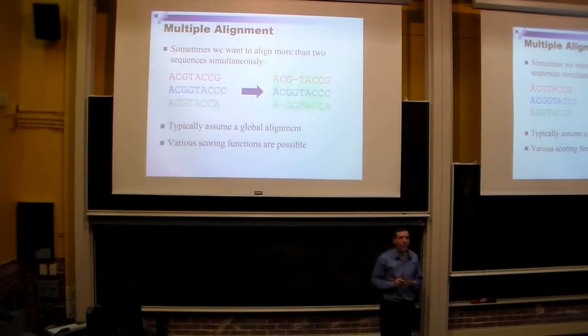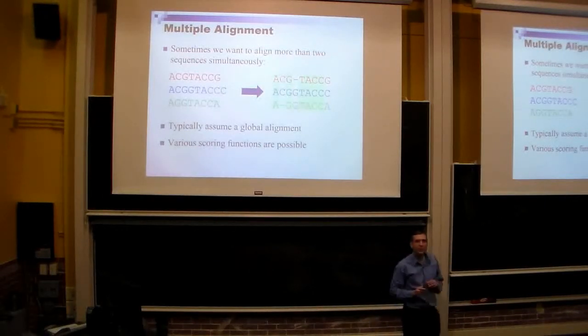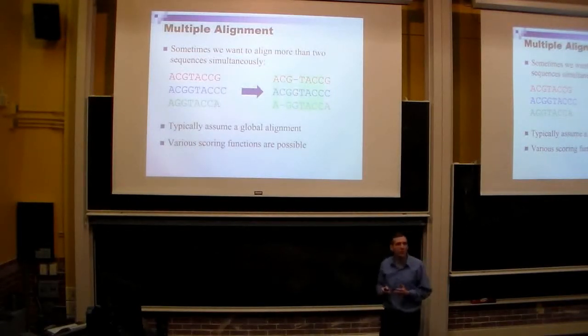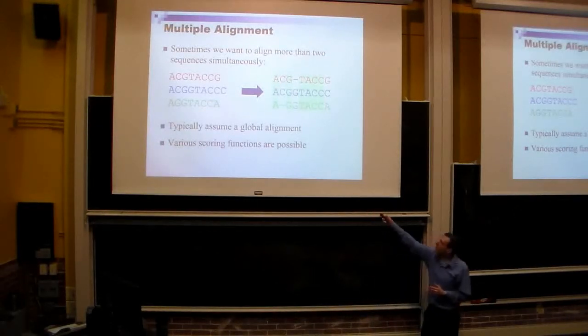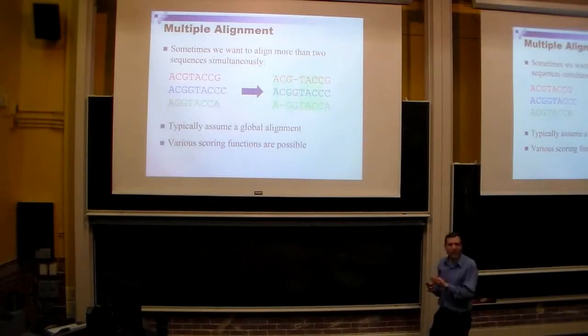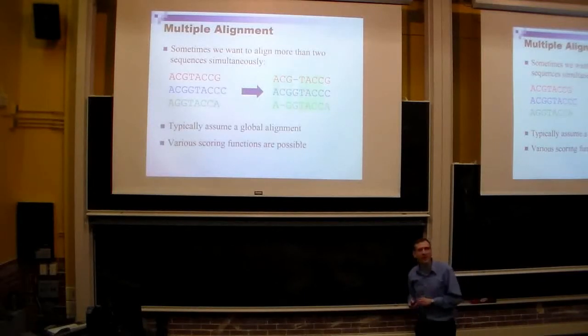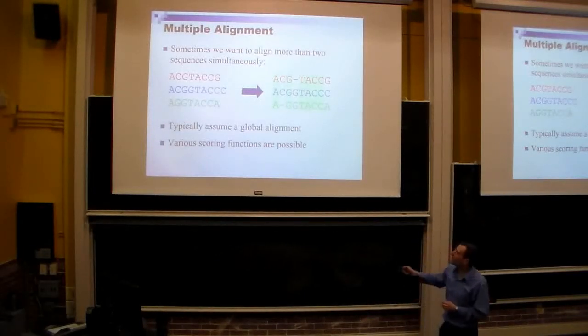We actually just saw one example of where we might want to do this, and that's in the creation of our substitution matrices. To create the substitution matrices, we need to do these multiple alignments to find the conserved positions across a family of related proteins, and then get from there the log odds ratios for our substitutions. But there are lots of other cases where we might want to do this.